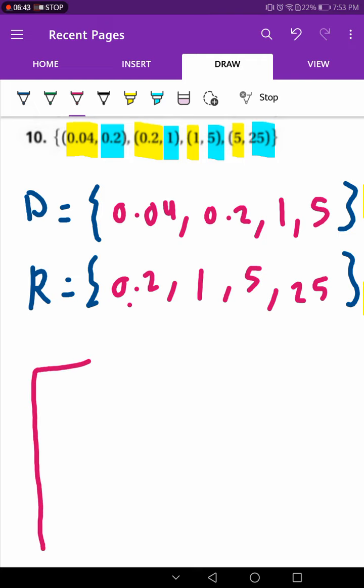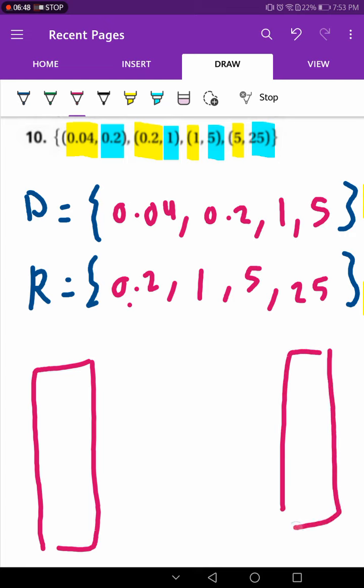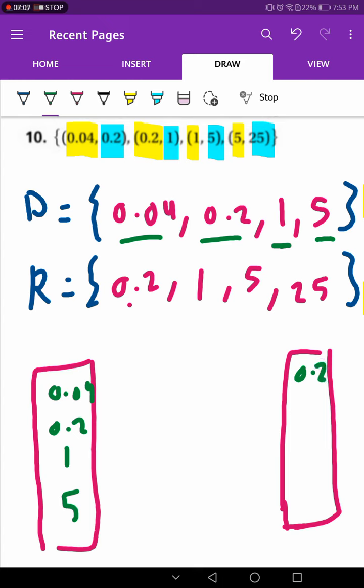Now I will map them. I draw this rectangle and this rectangle, okay, and write the elements of the domain: 0.04, 0.2, 1 and 5. And here the range part: 0.2, 1, 5, 25. This is the domain and this is the range.